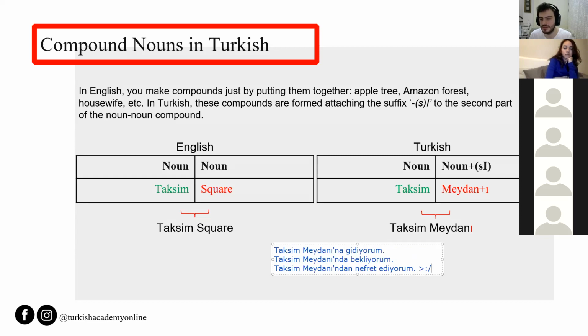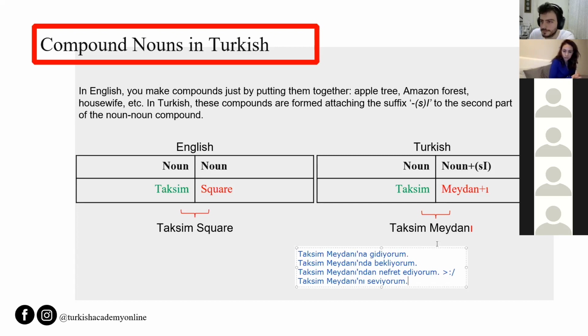So every case marker that you add after a compound noun goes with this na, nda, or ndan. Or if you like Taksim Square, you can say Taksim Meydanı'nı seviyorum. That's the idea.